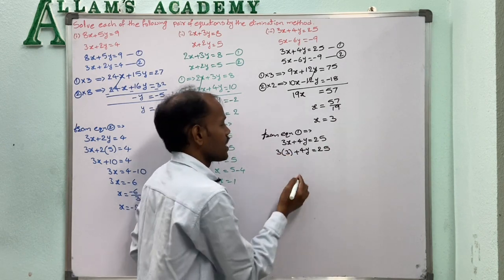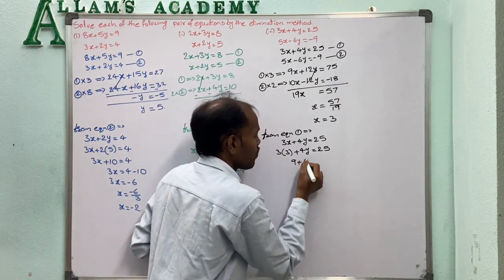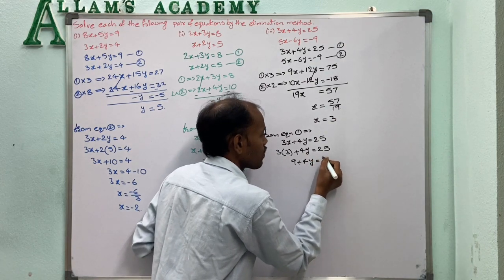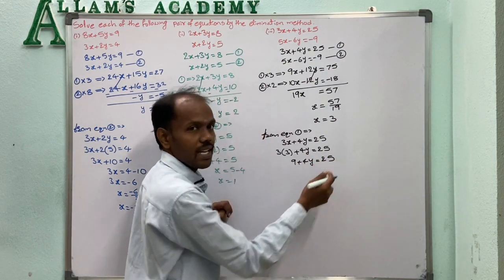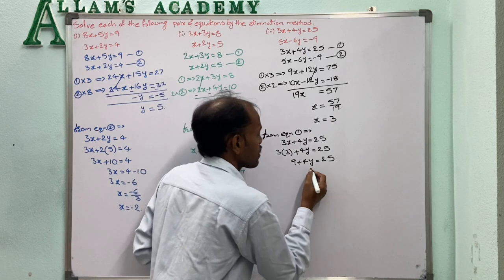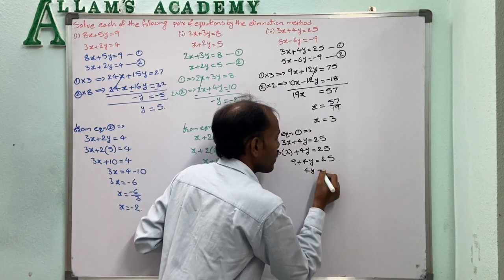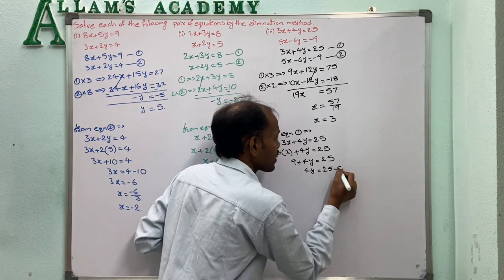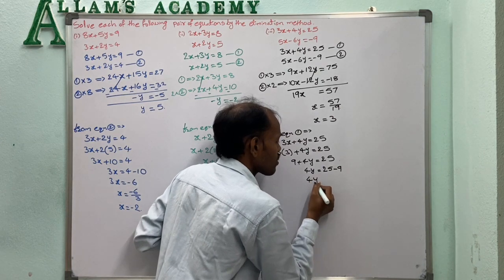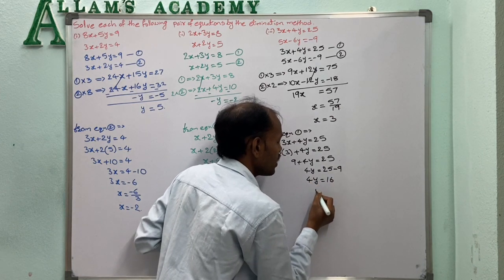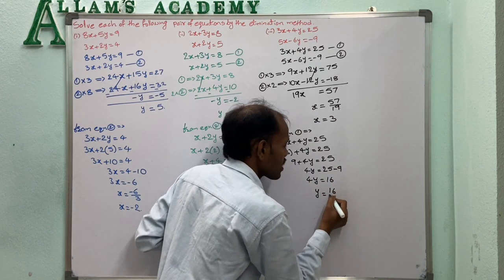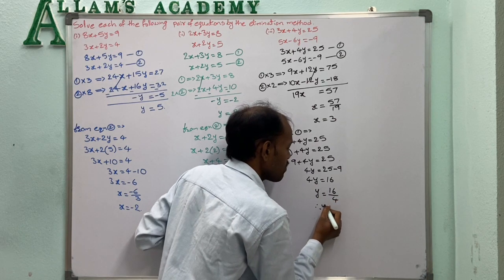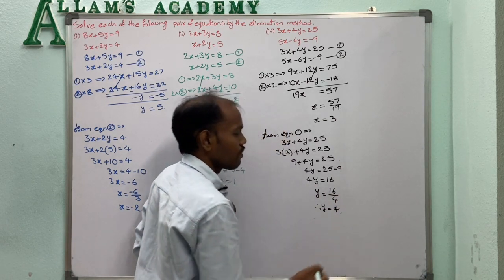So 3 threes are 9 plus 4y equal to 25. So plus 9 transfers to that side, that is minus 9. 25 minus 9, that is 16. So 4y equal to 16, then y equal to 16 by 4. So 16 by 4 means that is 4 only.